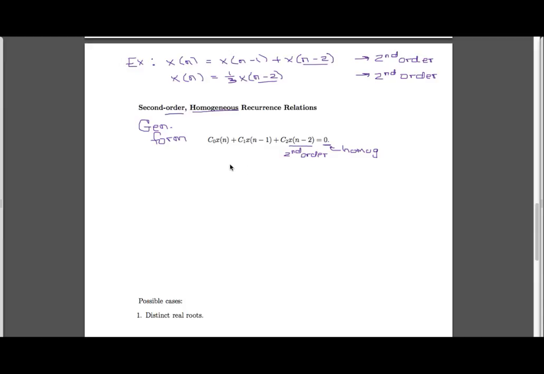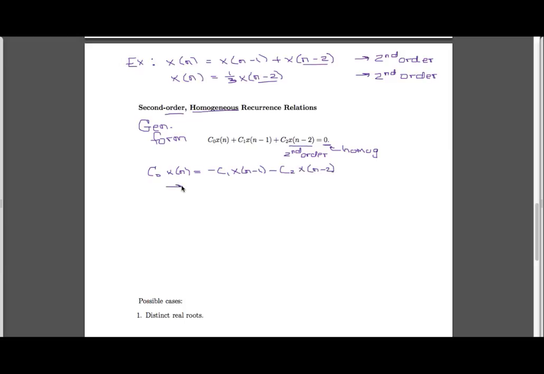Okay, so if you think about moving these 2 terms back over to the right-hand side, we'd have something like c0 x of n equals negative c1 x of n minus 1 minus c2 x of n minus 2.